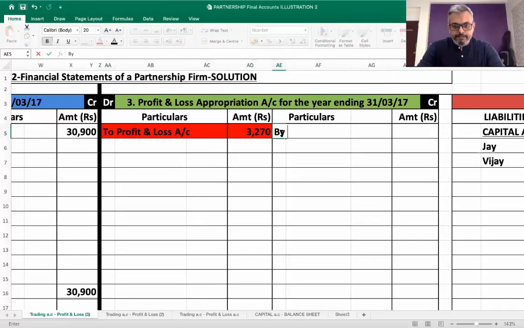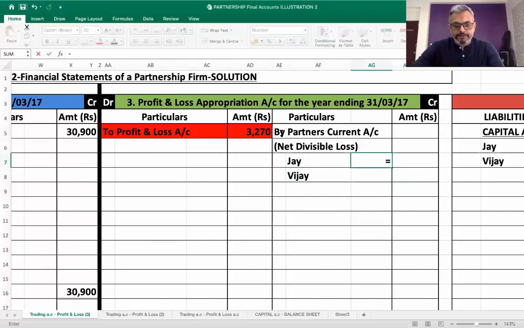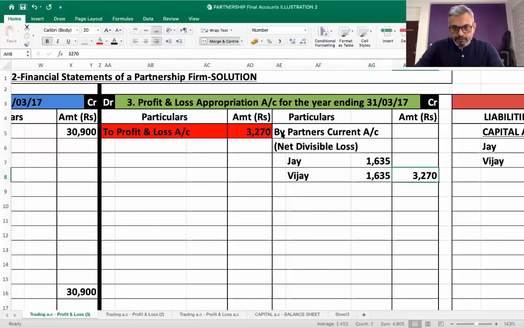So by net divisible loss, or let's write by partner's current account. In the bracket I write net divisible loss. Now who are the partners? Jai and Vijay, and this is to be equally divided between both of them. So 3,270 divided by 2, 1,635. 3,270. So here is the loss.